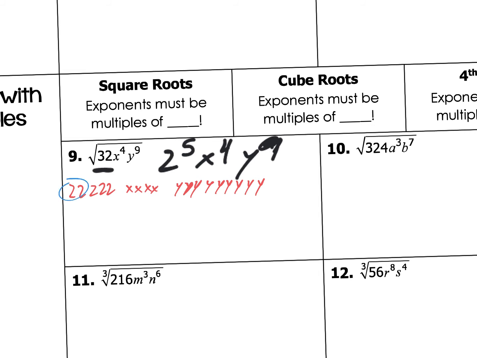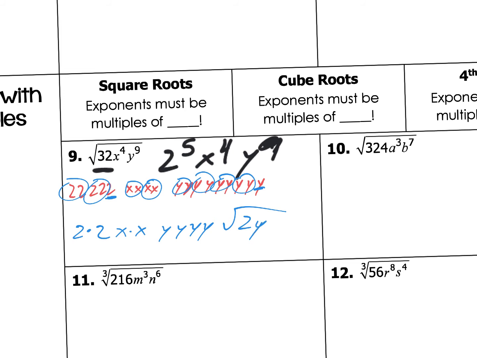Okay, so two groups of 2 I'm going to take out, 2 times 2. And I know I have a leftover 2, so we'll put that in later. And 2 x's, so we've got x times x. And we've got 2, 4, 6, 8 y, so 4 groups of y, and a leftover y. So what's left over in my root? That 2 and a y.